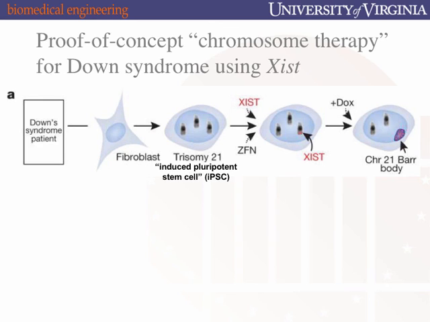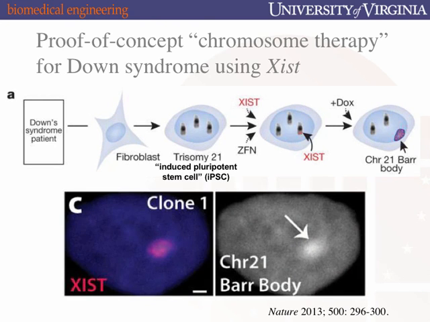So what they did was cut one of the 21st chromosomes and put in the XIST locus. They engineered it so that it was inducible with a small molecule called doxycycline. They turned on XIST expression in the cells, and what they wanted to see was whether, if you turned on XIST expression engineered in the 21st chromosome, you could coat that chromosome with XIST, put it into a Barr body and shut it down, the same way it ordinarily happens with X inactivation.